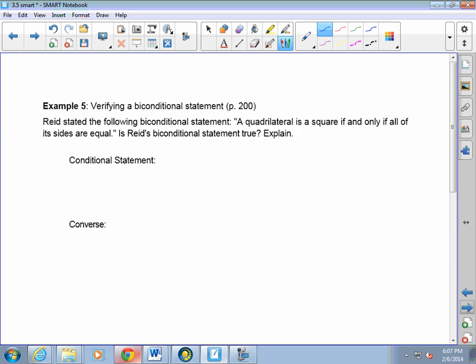So basically what you're doing for a conditional statement, you're taking that if and only if. I'm just going to write: if a quad is a square, then all of its sides are equal.